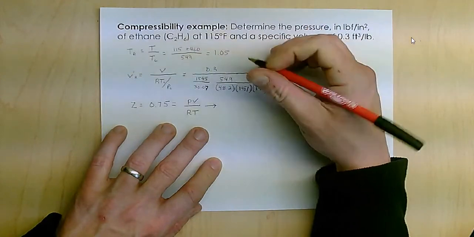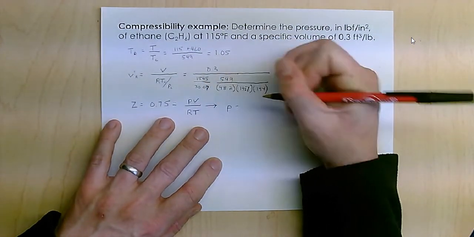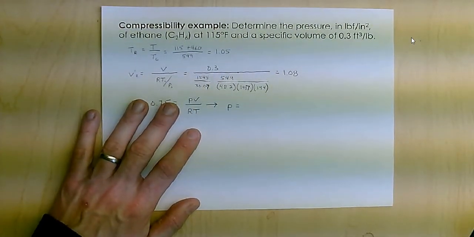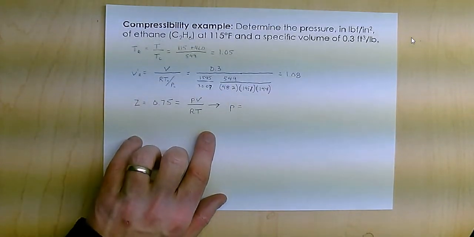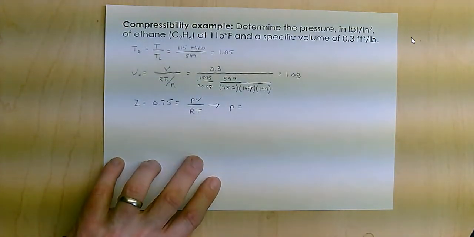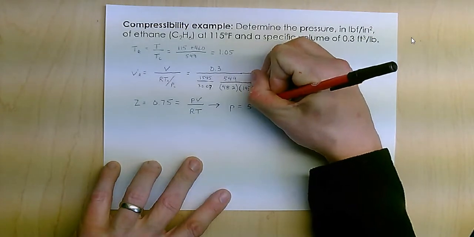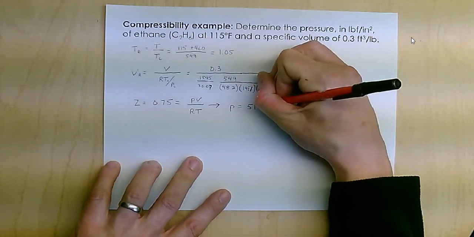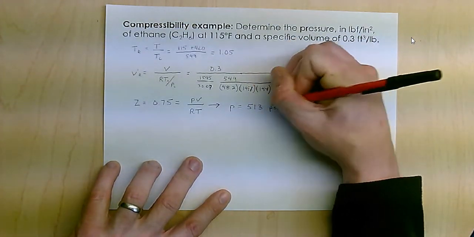So through the magic of plugging in numbers, being careful with my units like I was up here, but to save time I'm going to skip all that, I find that I get a pressure of 513 pounds per square inch, or PSI.